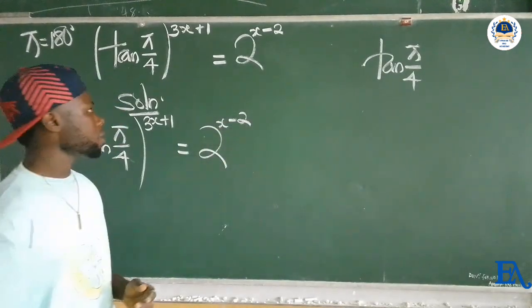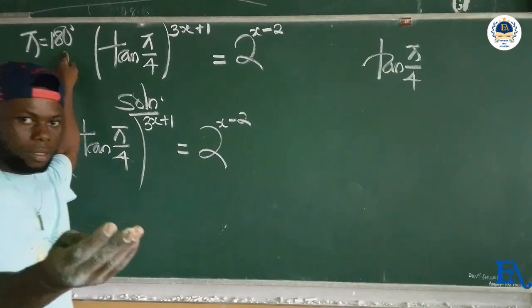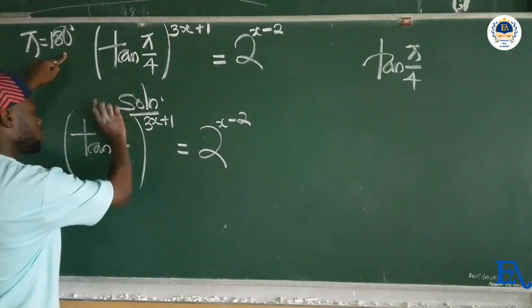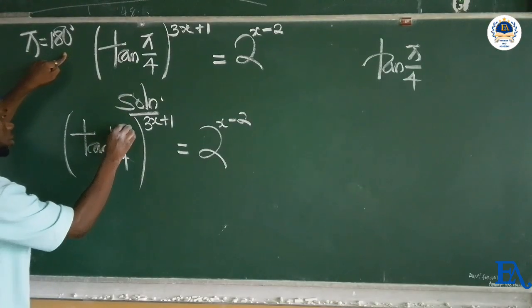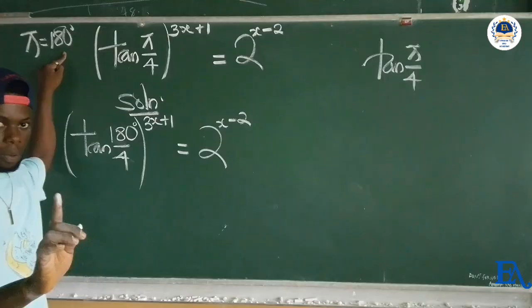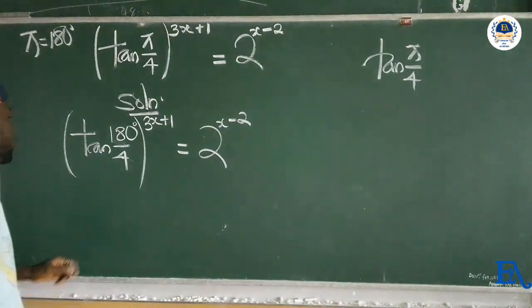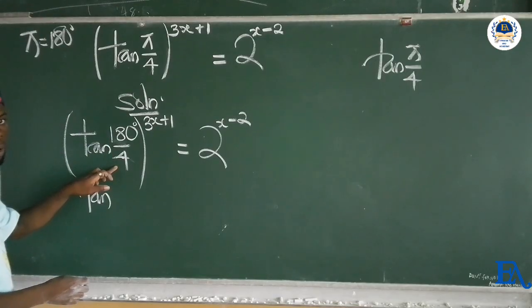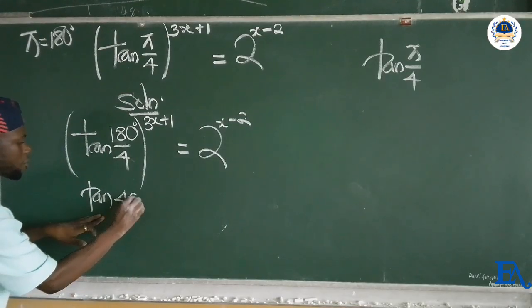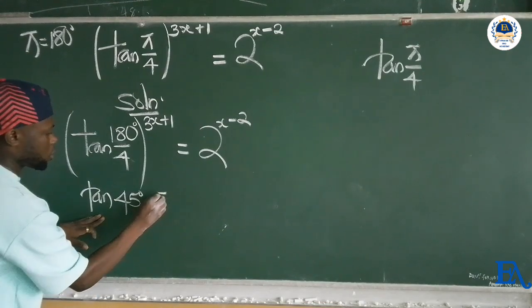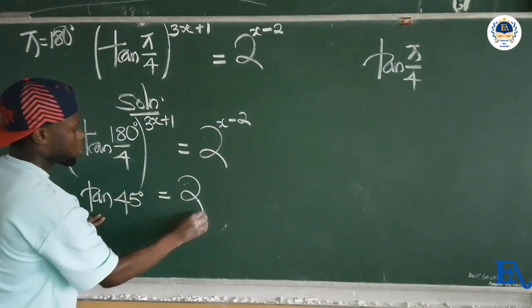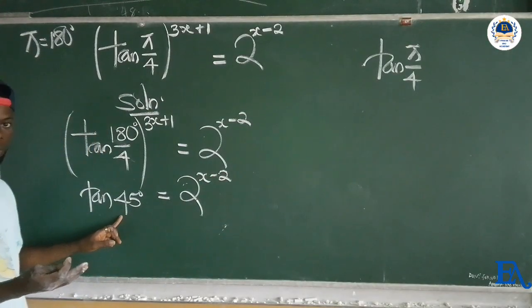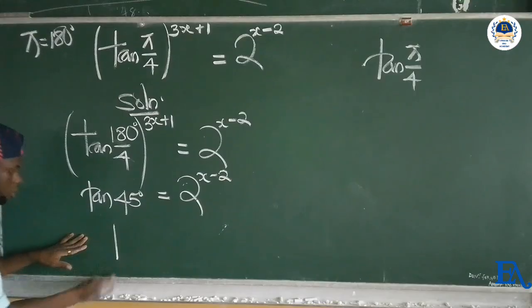But because π is given as 180 degrees, we have to substitute. Then replace the π with 180 degrees. Hope you understood. Alright, so from here we have tan of 180 divided by 4, which gives 45 degrees. Tan 45 degrees is 1.